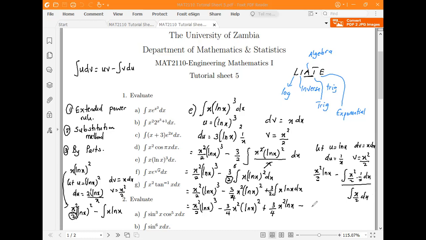First I put the 3 over 2 coming from here. Now I bring in the x squared over 4. Now that 4 finds a 2 here. It becomes over 8.